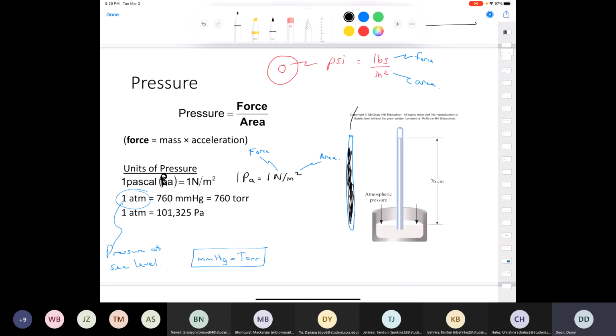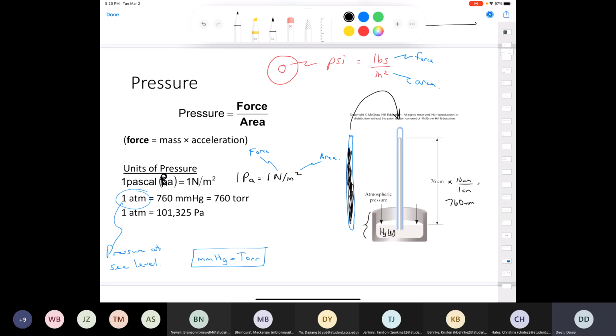And then he took it and he inverted it into a dish of mercury. This is mercury right here. And then he looked at the height of the mercury in that glass tube. He measured the height of mercury and he determined that it was 76 centimeters. Now we know that there are 10 millimeters for every 1 centimeter, so that equals 760 millimeters.